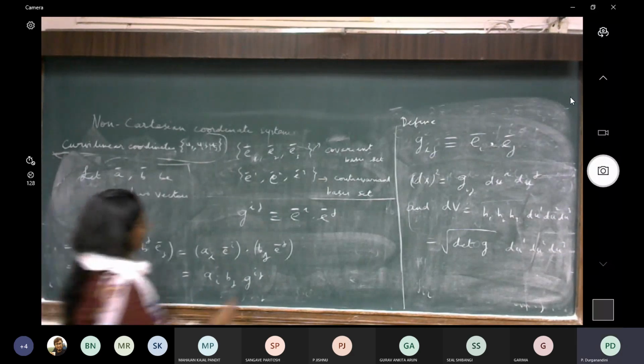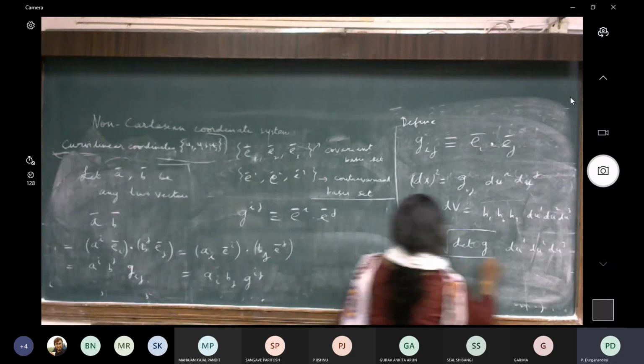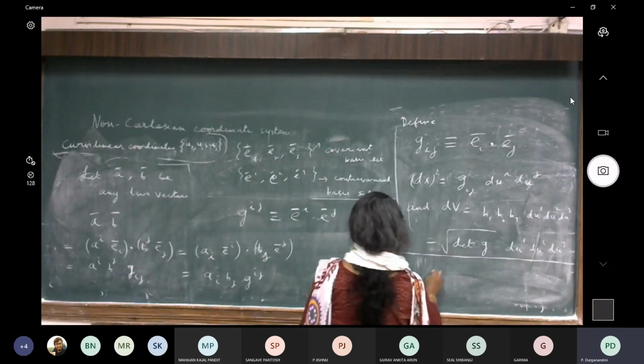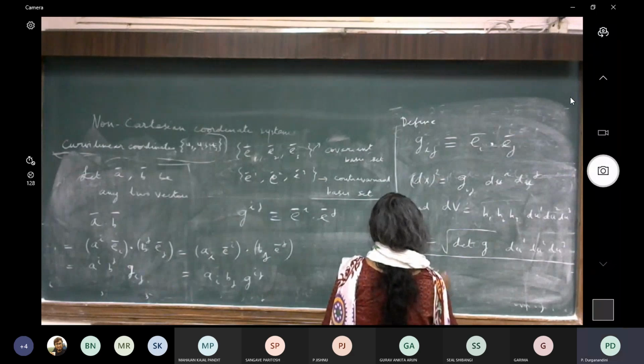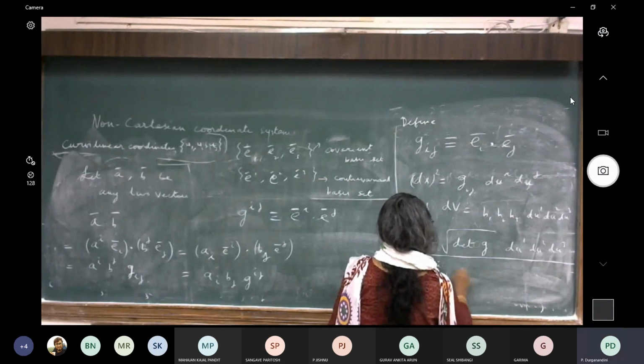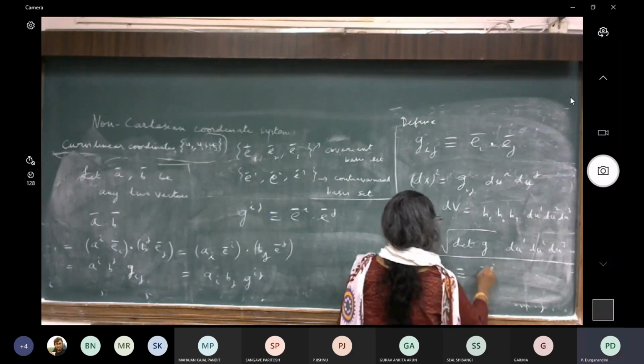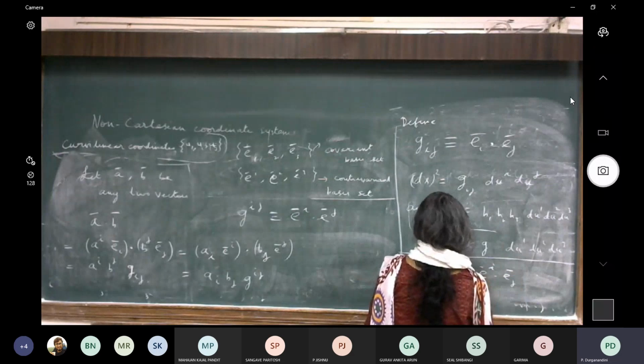And further, one more I will do. This is sort of curiosities. I can also define now Gij as equal to Ei dot Ej.